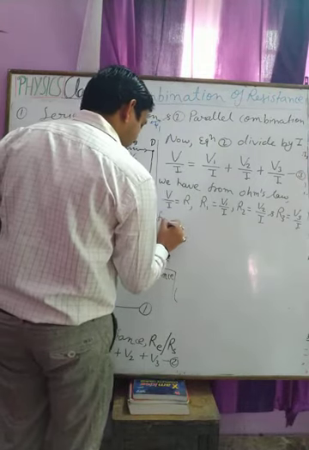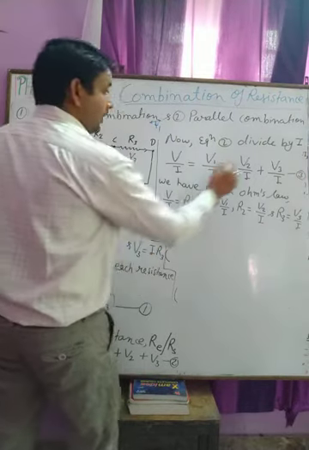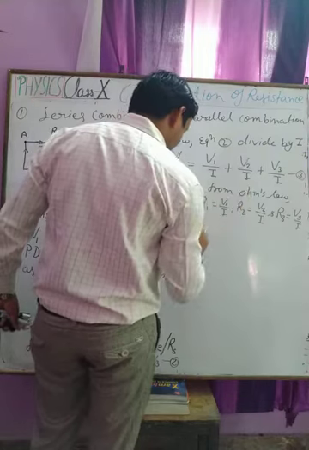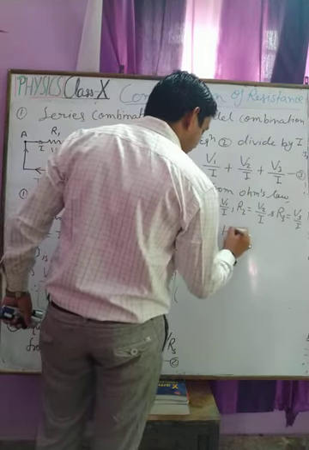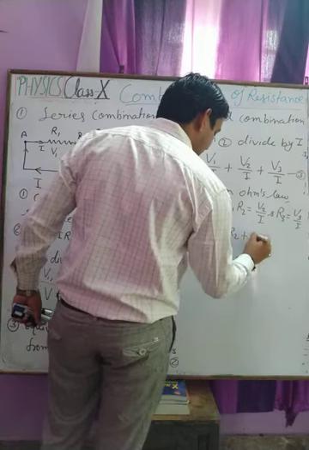From equation third, we are getting R is equal to R1 plus R2 plus R3.